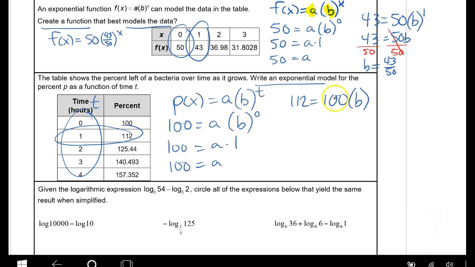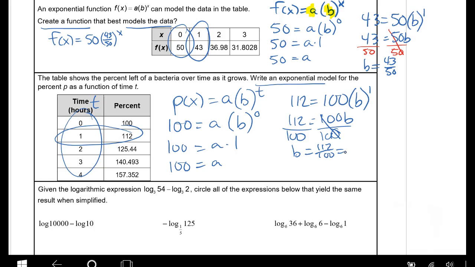So now we're going to plug in 1, because at 1 we get 112. And then b to the 1 is just b. So now let's isolate our variable by dividing by 100 on this side and dividing by 100 on this side. And now b is equal to 112 over 100.